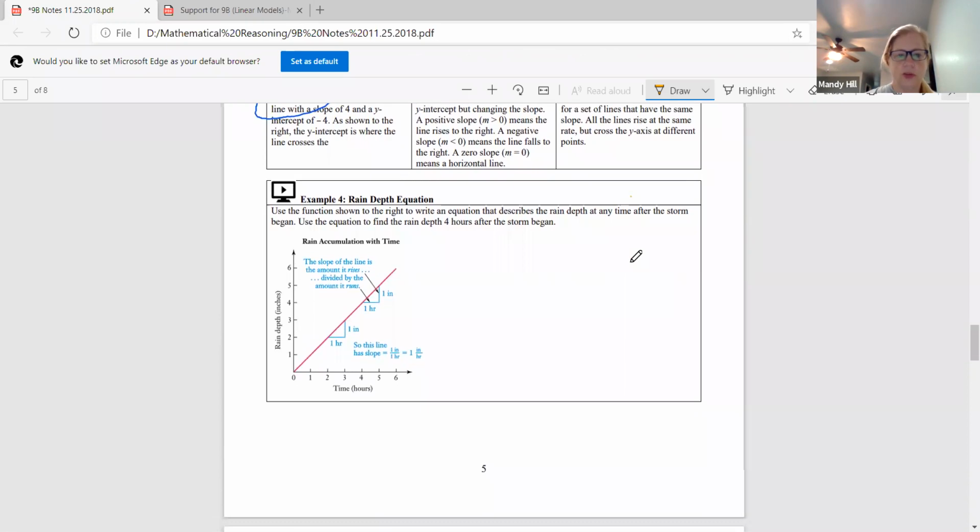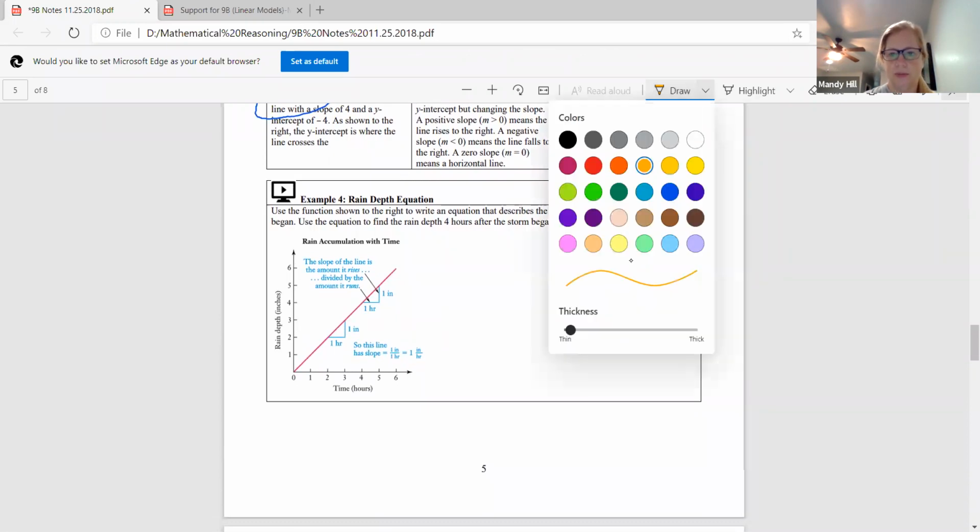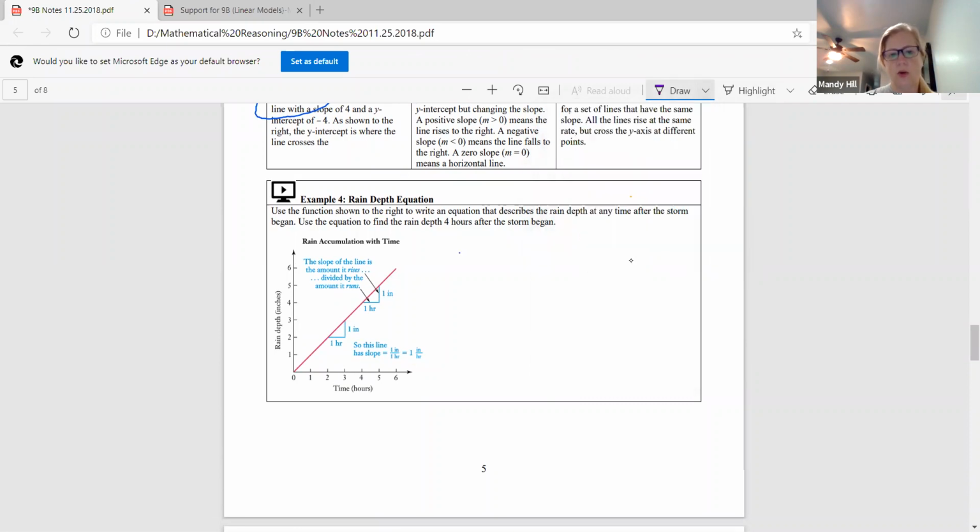So it says use the function shown to the right to write an equation that describes the rain depth at any time after the storm began. Use the equation to find the rain depth 4 hours after the storm began. So we want to find the rain depth. So we could say the depth is equal to, right?